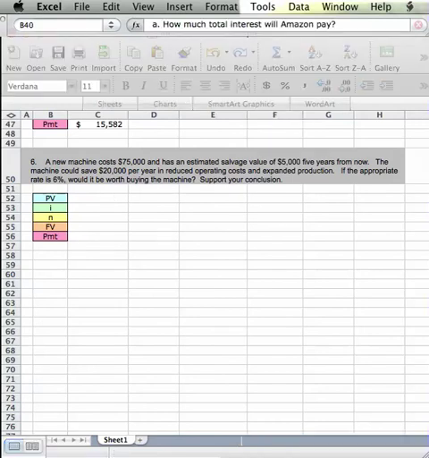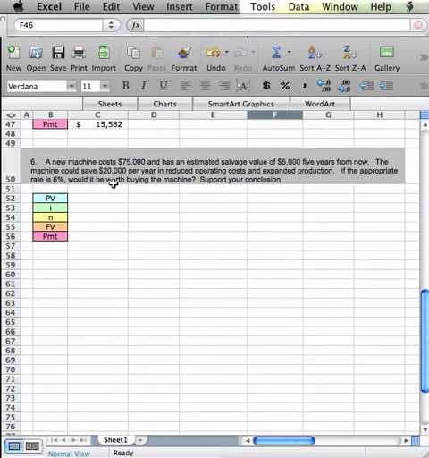Let's figure this out. So we know that if we spend $75,000, we're going to get two cash streams. We're going to get $5,000 at the end of 5 years, and for the next 5 years, we're going to get $20,000 per year. So let's fill in what we know. Because this $20,000 is a payment stream, or recurring annuity payment, we're going to enter that in for our payment.